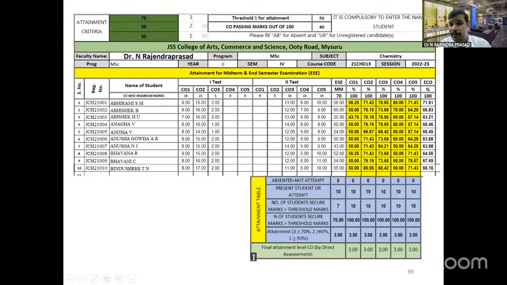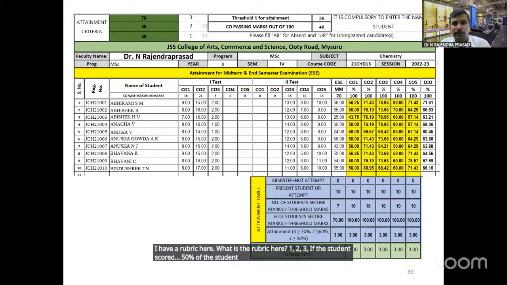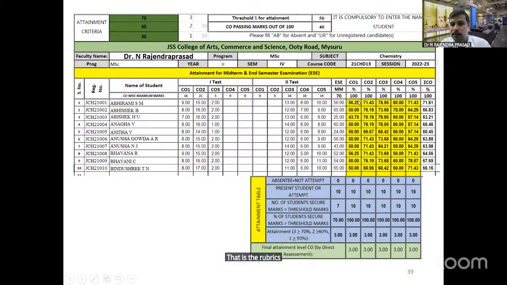I have a rubric here. What is the rubric here? 1, 2, 3. If 50% of the students have scored the threshold of 50% of the overall marks, that is the rubric. There are 10 students.